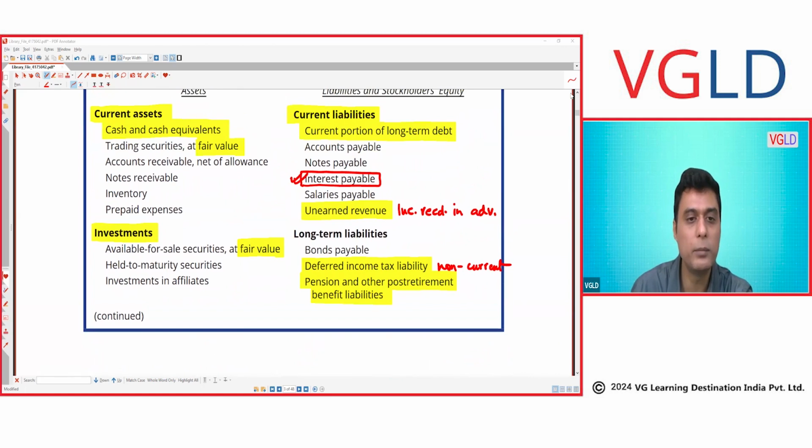Current portion of long-term debt. As I said, suppose the loan was $1 million, and what is due in the next 12 months, if 12 months or operating cycle, whichever is longer, is 12 months, then whatever is payable in the next 12 months is the current portion of the long-term debt.